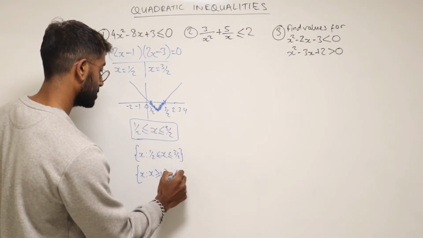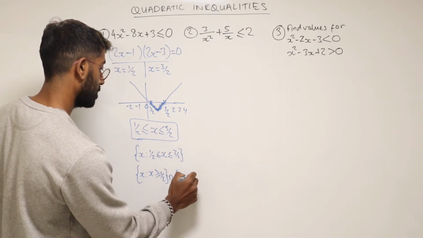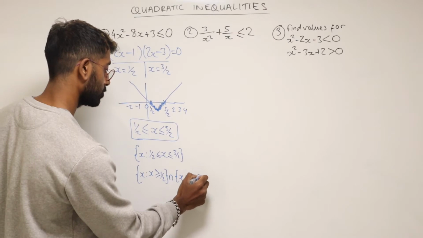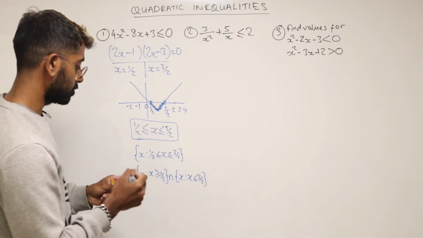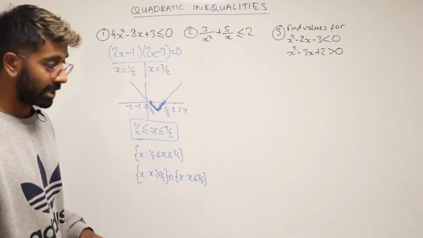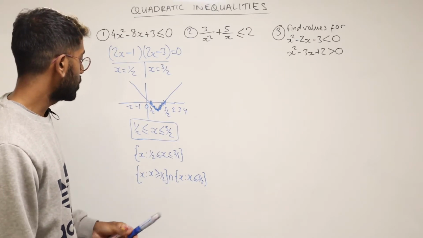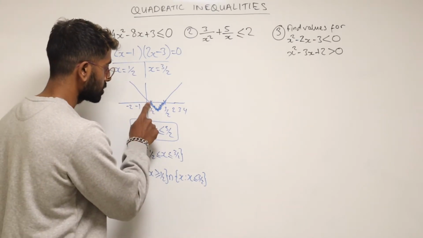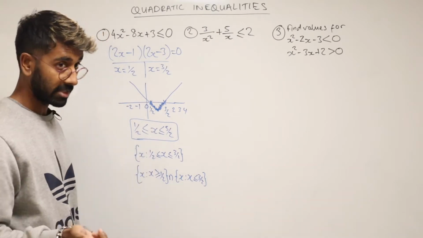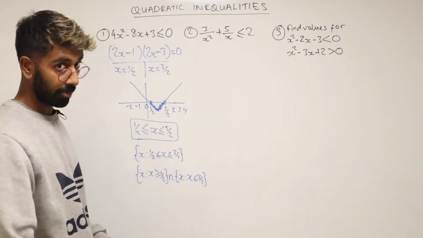And then it intersects with where x is less than or equal to 3/2. So again, three different ways there of giving our answer. And remember that intersection bit is because in here, the x values intersect, they worked for both.